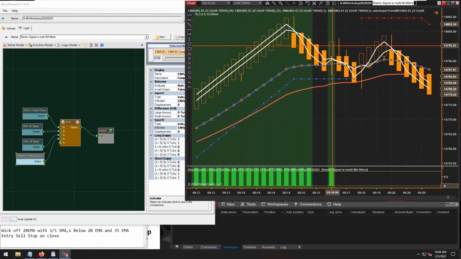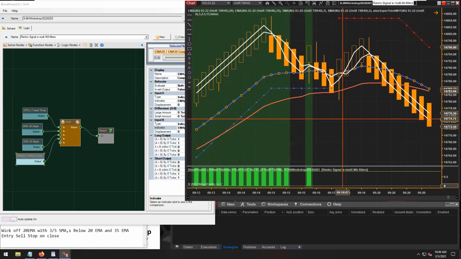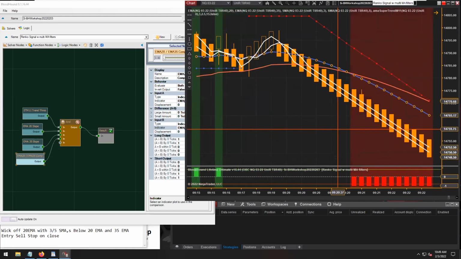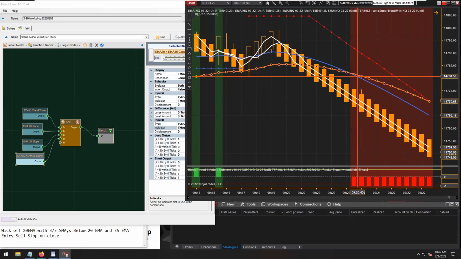And then we got this up bar, and the EMA starts sloping up again, and so then we get one bar with an upward slope. And then over here, we have to wait for the EMAs to cross each other in the right direction, and then the downtrend output starts. So okay, that's part of it.